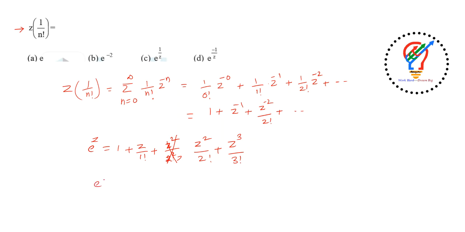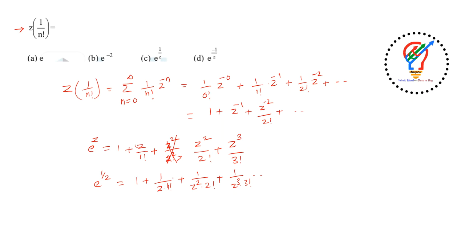Now what is e power 1 by z? Which is equal to 1 plus, instead of z you are going to substitute 1 by z, so 1 by z into 1 factorial plus 1 divided by z square into 2 factorial plus 1 by z cube into 3 factorial, and so on.